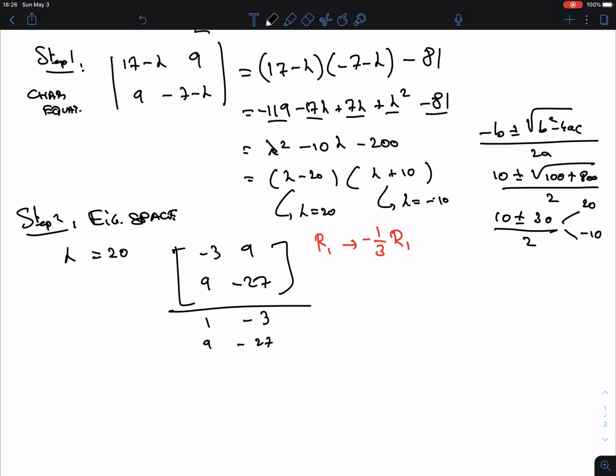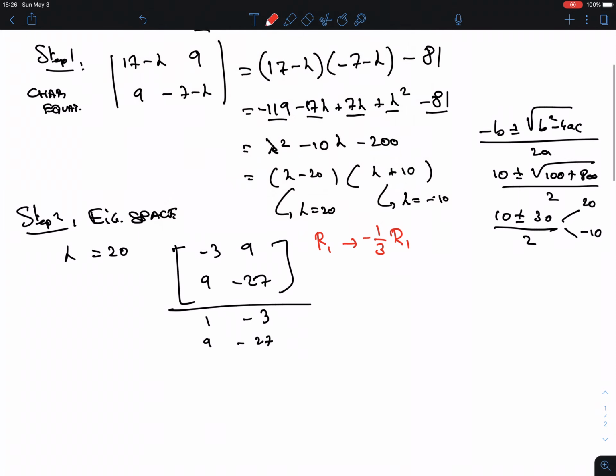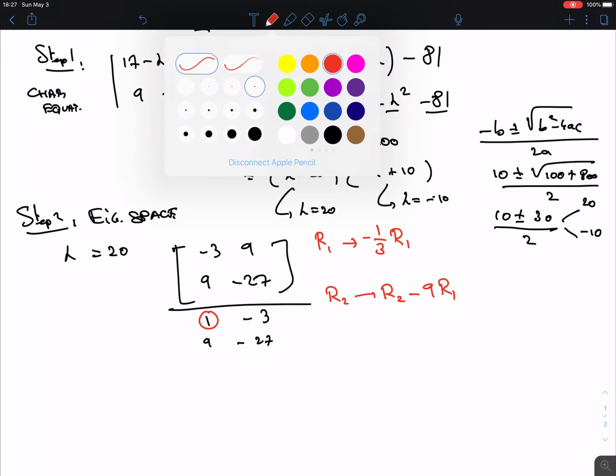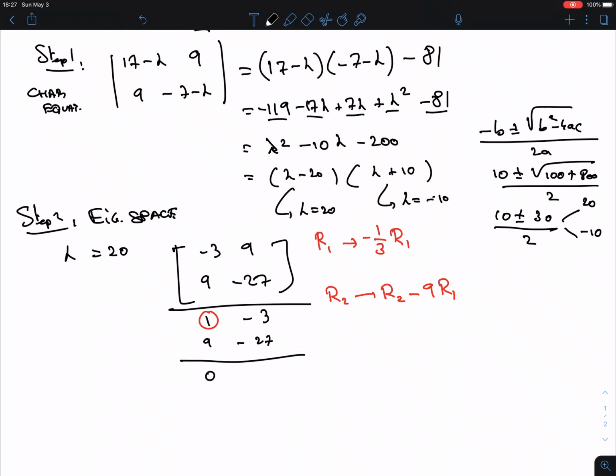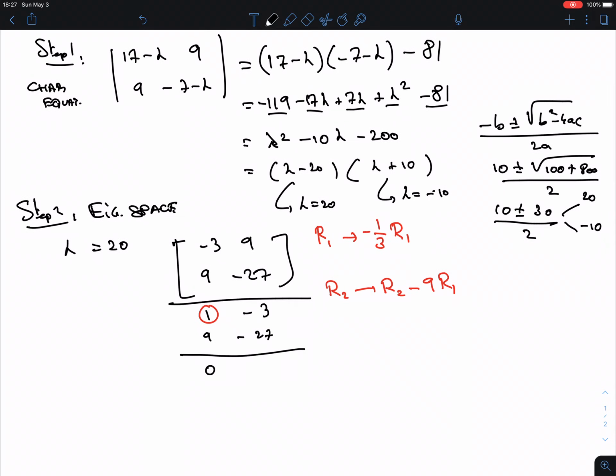Of course, what now needs to happen, otherwise I made a mistake, is that the row operation using this pivot here should get me a 0 row. That's the case, right? If I multiply this with negative 9 and add up, then I get 27 minus 27, that is 0. So 1, negative 3, then 0, 0.